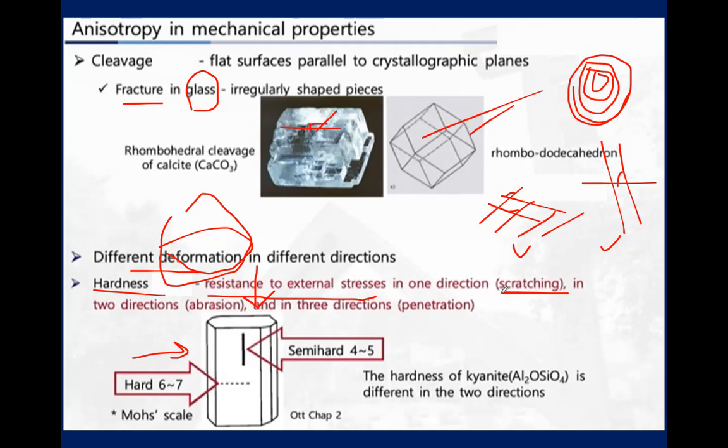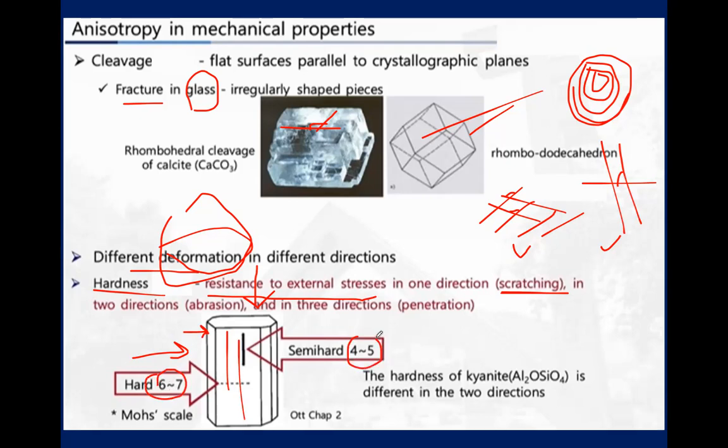Depending on that, we can see how hardness varies in different crystallographic directions, along crystal faces. Different directions will have different hardnesses in some cases, but this is not always true for all minerals. Remember, there is a defined hardness for a given mineral, but it can change very slightly depending on the direction. I don't expect all minerals to change on a big scale, like 6 to 7 in one direction and 4 to 5 in the other, but it's very rare.